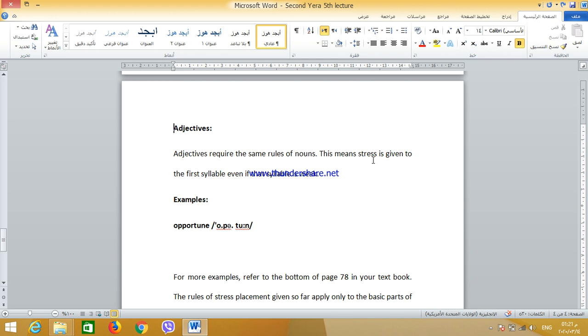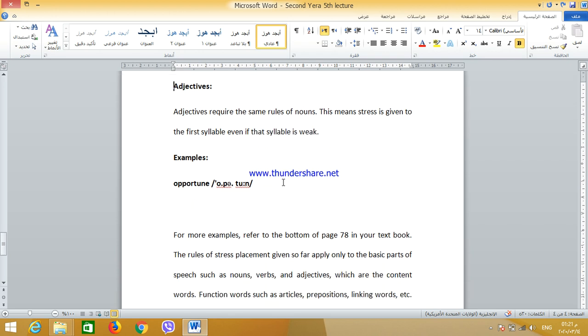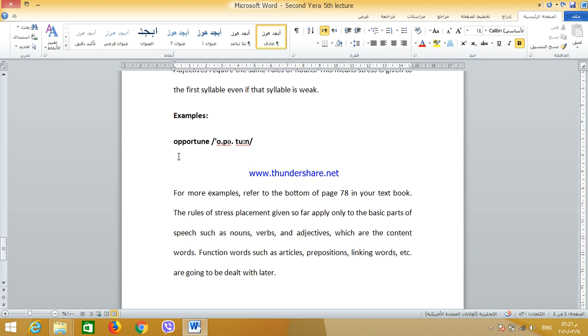This means that stress is given to the first syllable even if the syllable is weak. Example like this one. Opportune. The first syllable is stressed, though the last one is the stronger one. The first syllable is stressed.